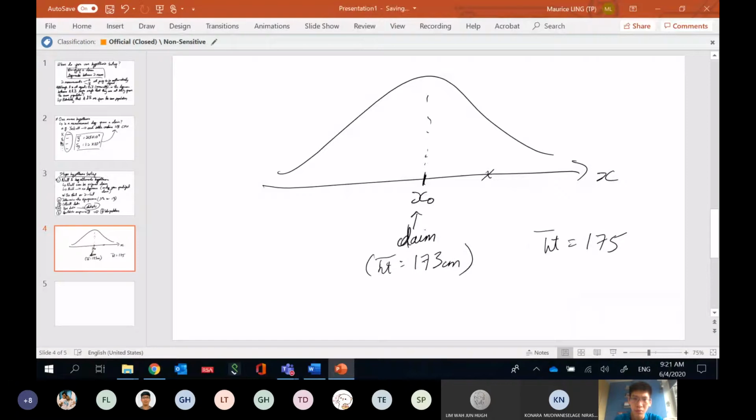What I really want to find out is, here is my calculated value, which is 175. Is this significant enough? Is this different enough? Basically, I'm looking at the area under the curve here. Is this more than or less than my significance?